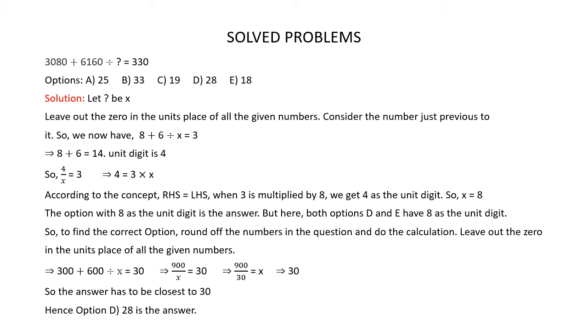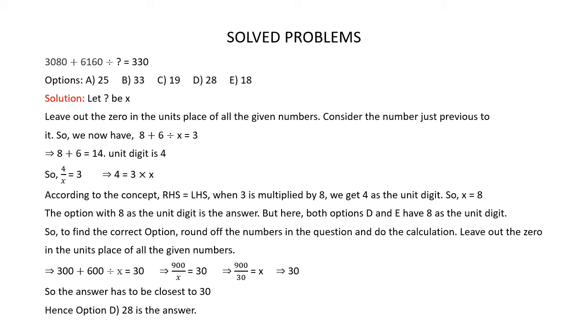In an equation, always the RHS is equal to LHS, that is the right hand side is equal to left hand side. So now you have to find a number which when multiplied by 3 will give an answer that has 4 as the unit digit.